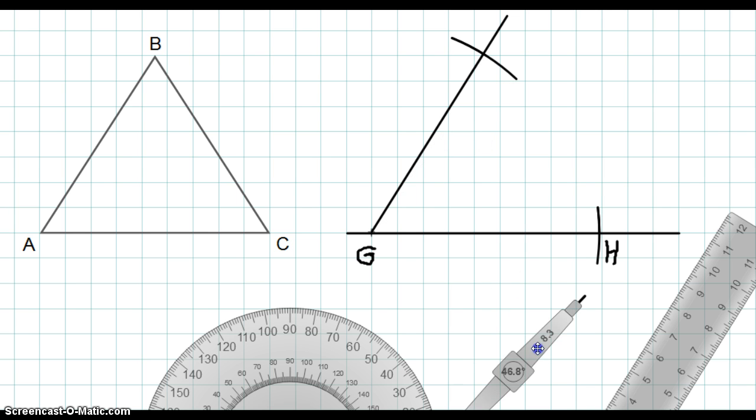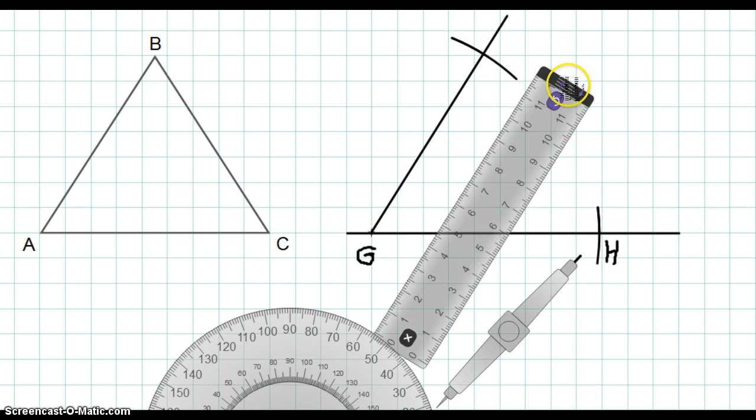Now you can see that this line I've drawn to create angle G, which corresponds with angle A, and this arc here intersects at that point. It overlaps at that point, and from here I actually don't need to measure anything, because all I have to do in the end is connect that point to point H and draw a line connecting those two points.